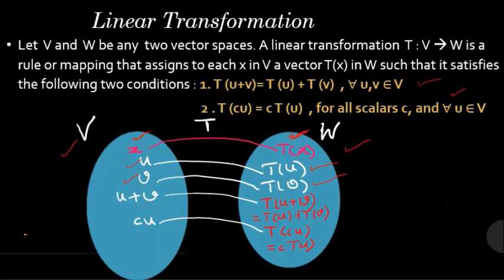Now, when there are two vectors u and v in V, their sum u plus v will also be in V, and T of u plus v will be in W. I also have T of u plus T of v, which will also be in W. What is our first condition?